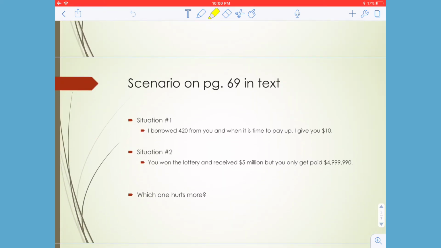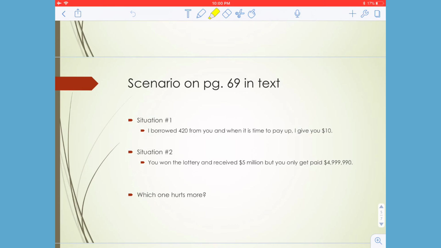Okay, so thinking about this scenario on page 69 in your text, you had situation number one. I borrow $20 from you, and when it's time to pay up, I give you $10. And then situation number two, you won the lottery and received $5 million, but you only get paid $4,999,990.